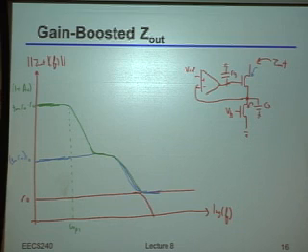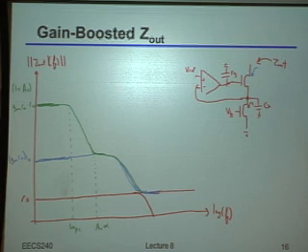Now, by the way, just because it'll be useful to us a little bit later, what is the point at which those two meet? What frequency is that? Yeah, okay, there's no 1 plus there. It turns out to be AV times omega p1. Actually, I'm pretty sure that's correct.